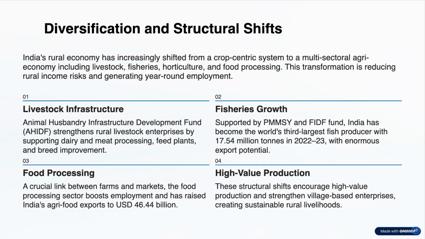in the year 2022-23. Similarly, the food processing sector, which is a crucial link between farms and the market, is boosting employment and raising India's agri-food export to 46.44 billion USD.